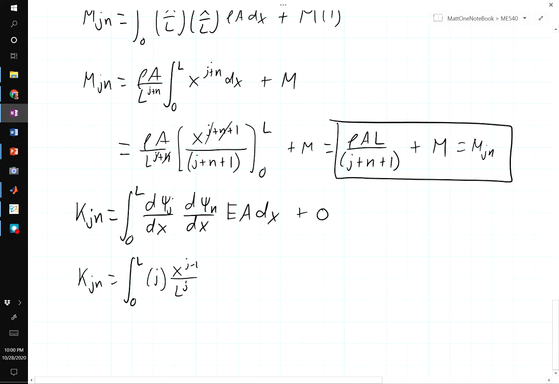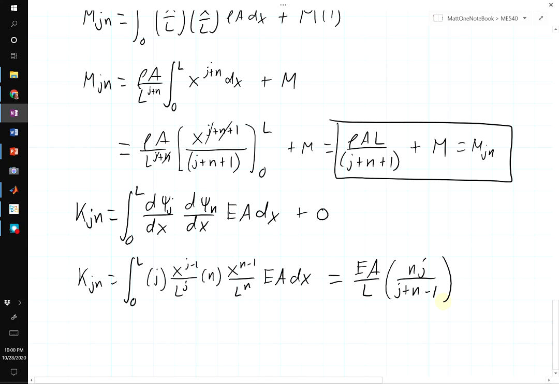We haven't changed anything there. Similarly, we'd have n x to the n minus 1, L to the n. So the formulas get a little different. Maybe you could already start to do that in your head. That ends up being EA over L times nj over j plus n minus 1.